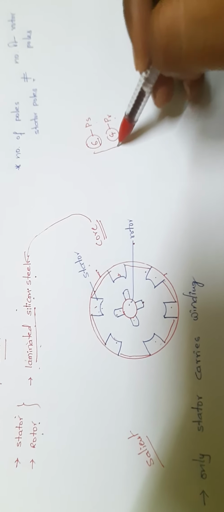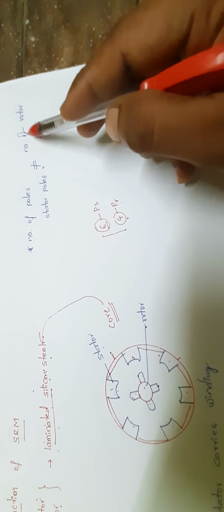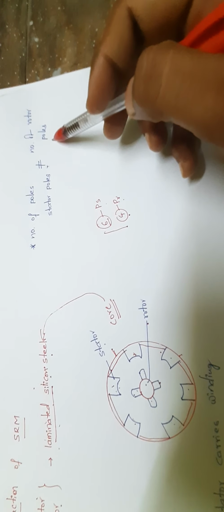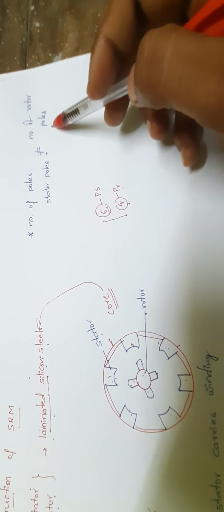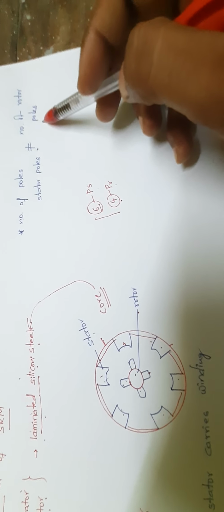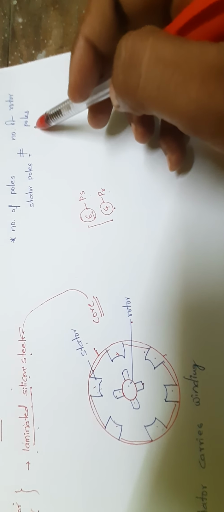These are always unequal numbers of poles. The number of stator poles must be unequal to the number of rotor poles. Then only is there a possibility for production of electromagnetic torque.